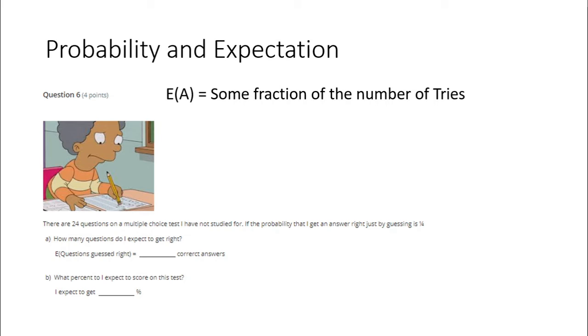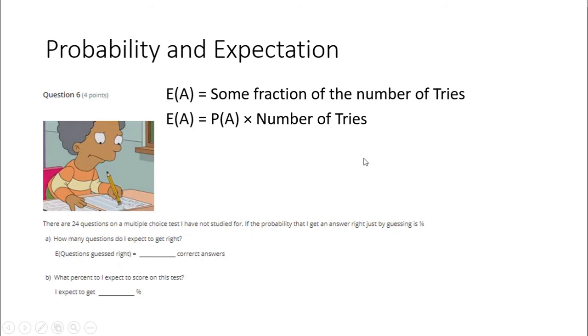Remember that probability is a fraction that is very closely linked to the number of correct outcomes. So the expected number of successful outcomes is equal to the probability times the number of tries. Remember, that's a fraction of the number of tries.